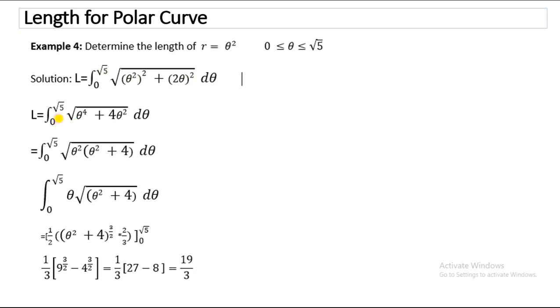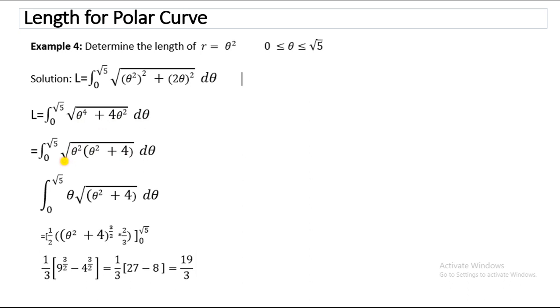Integration from 0 to square root of 5 of theta to power 4 plus 4 theta square d theta. Factor theta square out, the result is theta square plus 4.